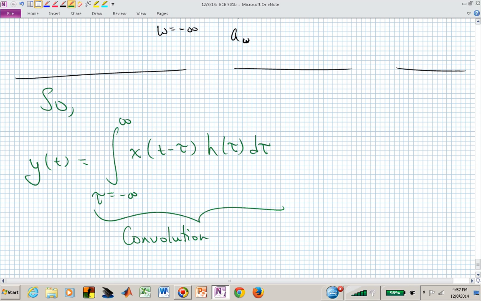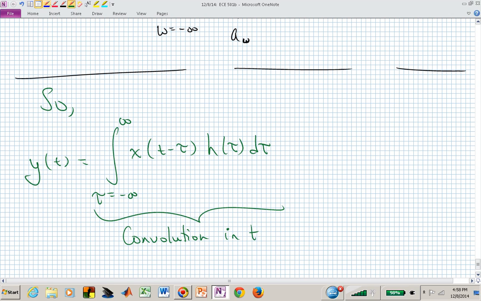The system is described by this impulse response, h of tau. From a time domain machine, I can tell you what the output is going to look like.